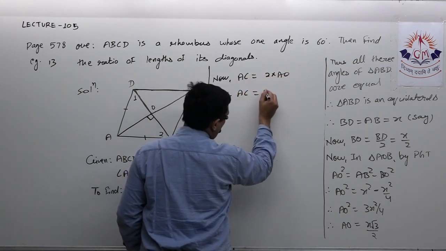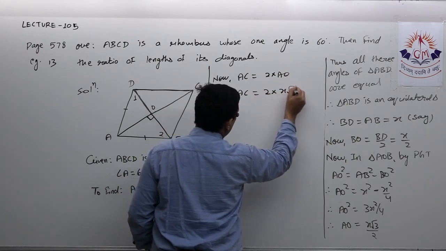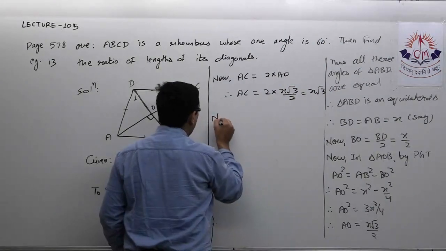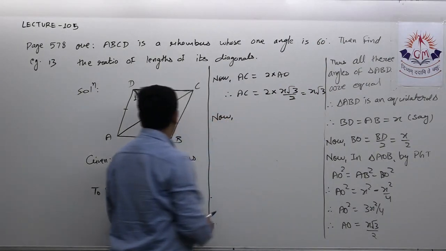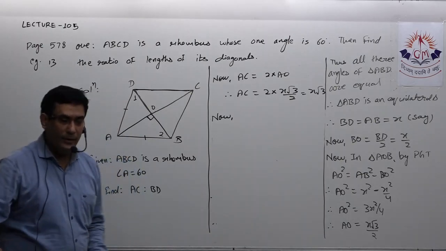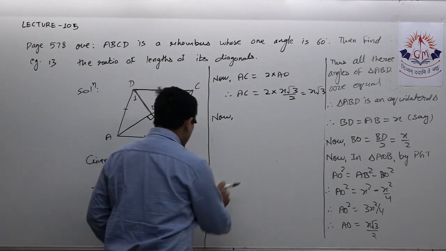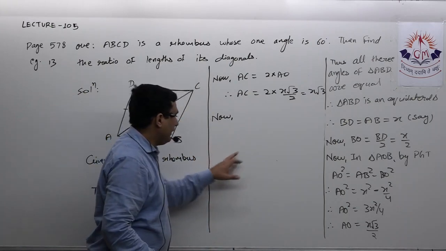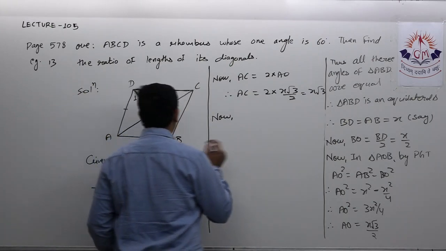therefore AC is equal to 2x root 3 by 2, that is x root 3, and finally I will find the ratio. Again I'm saying it might be AC upon BD or it might be BD upon AC, because it is not given that you have to find the ratio of the diagonals in a specific order.